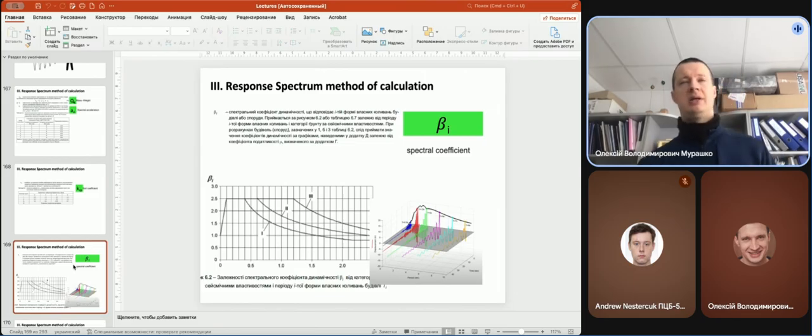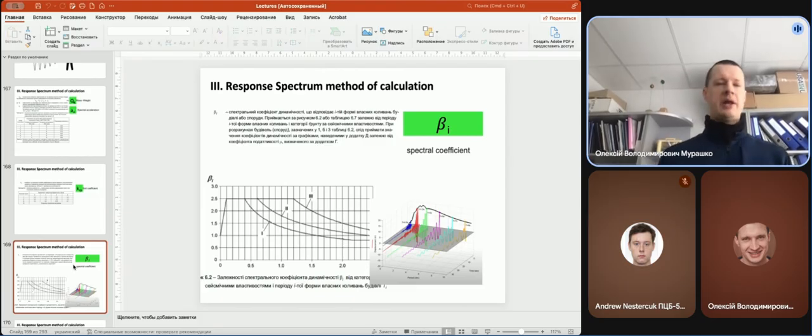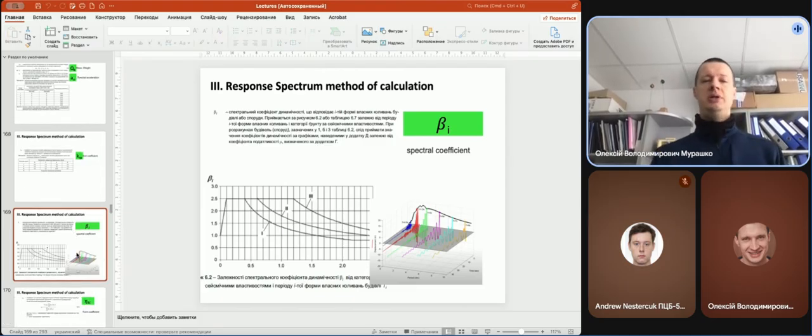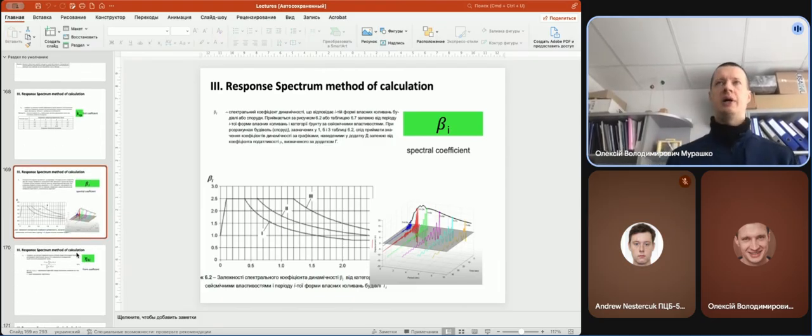This coefficient depends on the category of soils, and also it depends on natural vibration period, because each building, each construction has its own vibration period.